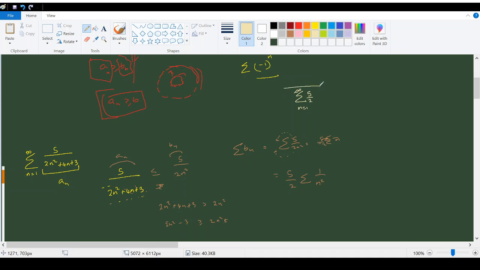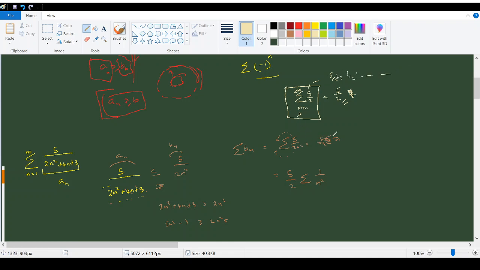If you have just a constant with the sigma notation, then you cannot just take the 5 over 2 out, forget about the sigma notation, and write the answer as 5 over 2. Okay, so this means you have a sequence of 5 over 2 terms added together, right?